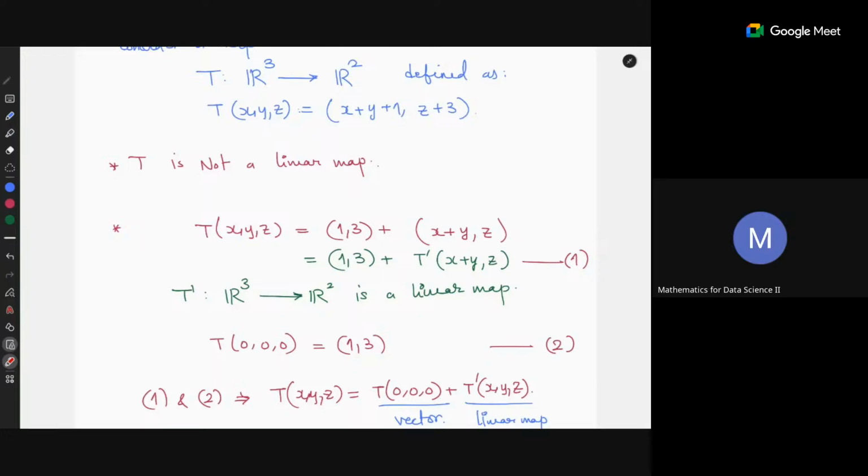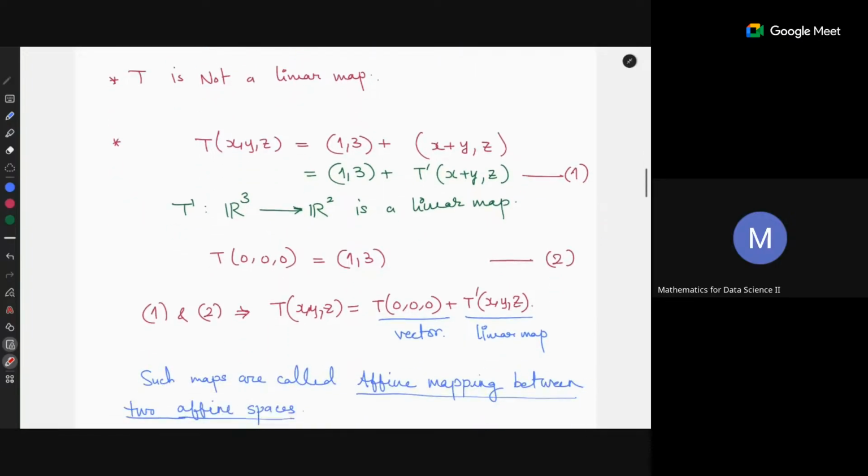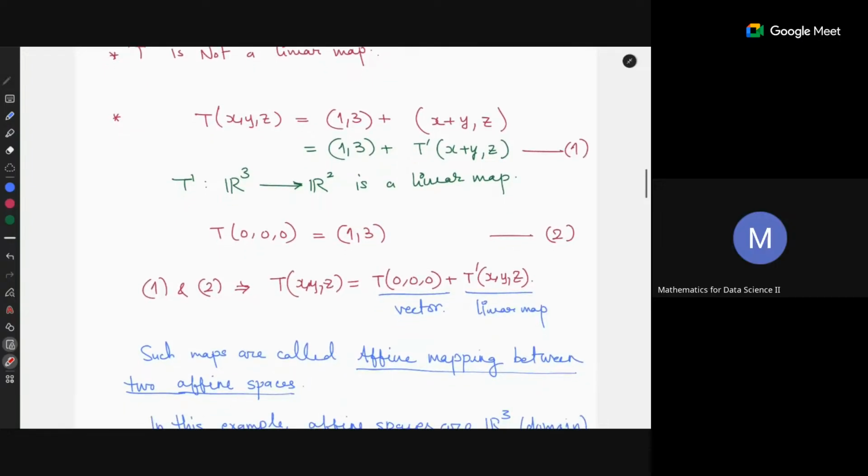Now from both of these equations 1 and 2, what can we say? We can say that T(x, y, z) is nothing but a vector plus a linear map. Such maps are called affine maps between two affine subspaces.